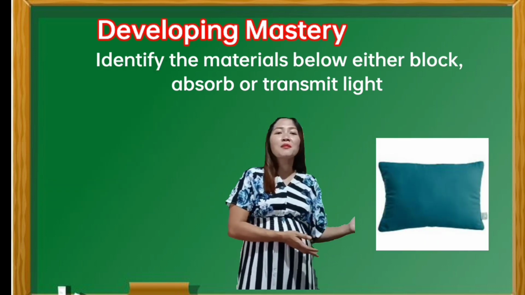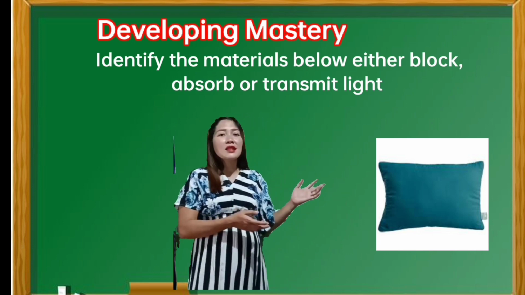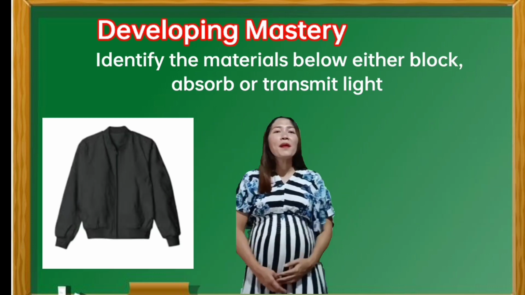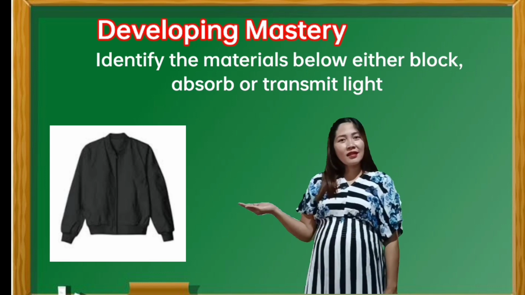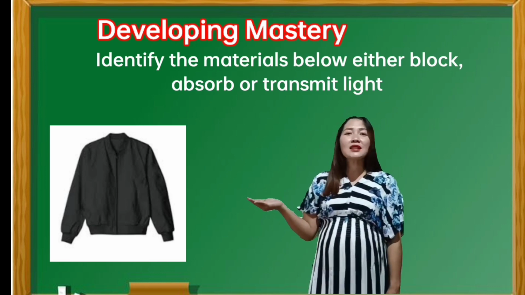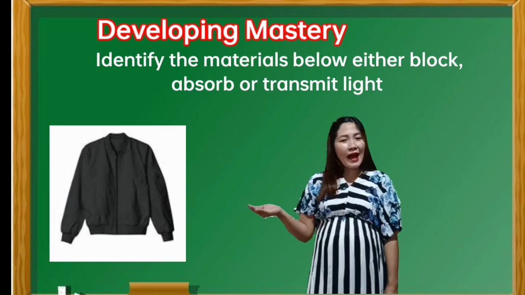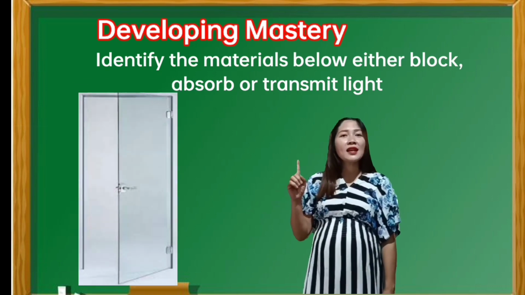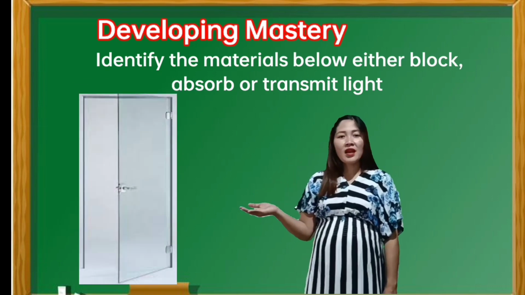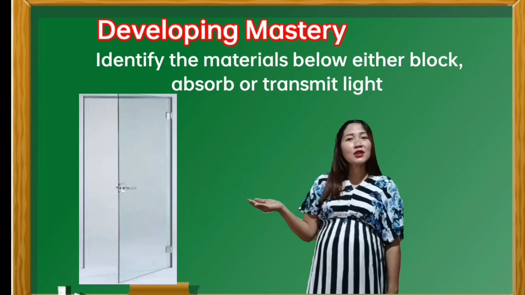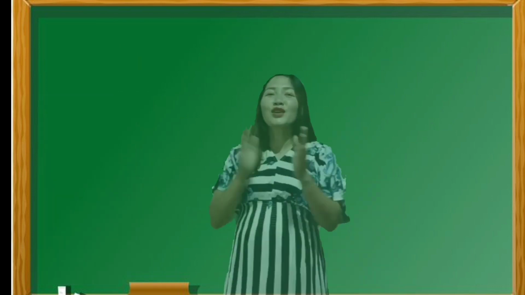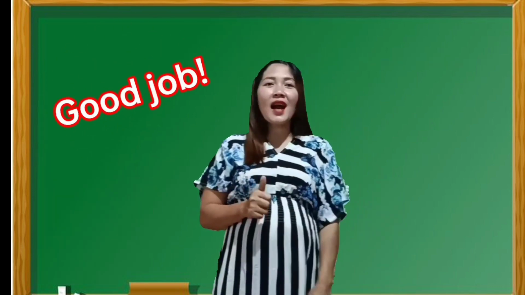The pillow has the ability to block the light. How about the black jacket? The black jacket has the ability to absorb light. And the last one is the glass window. The glass window has the ability to transmit light. Good job, kids. You've got the correct answers.